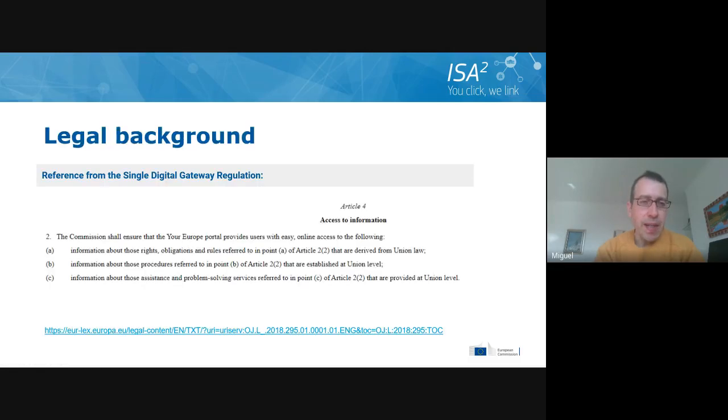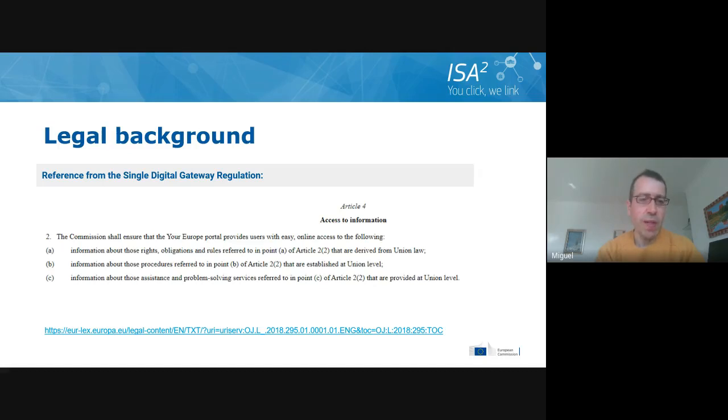Looking at the legal requirements in Article 4 of the regulation, there is an obligation, a requirement, obliging the Commission to ensure that through the YourEurope portal, the potential users should get access to online information in the 3 main areas of the gateway of Part 1 of the SDGR.